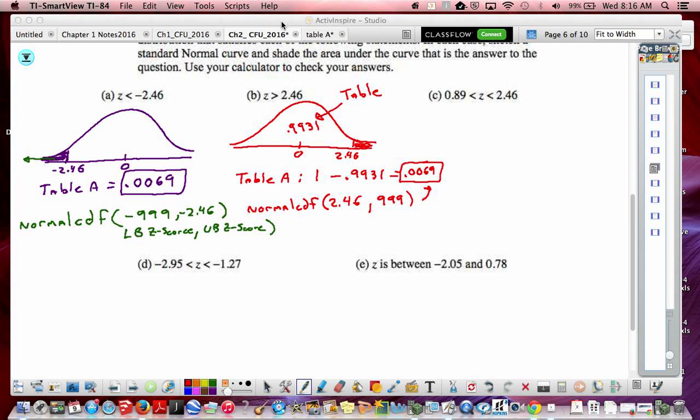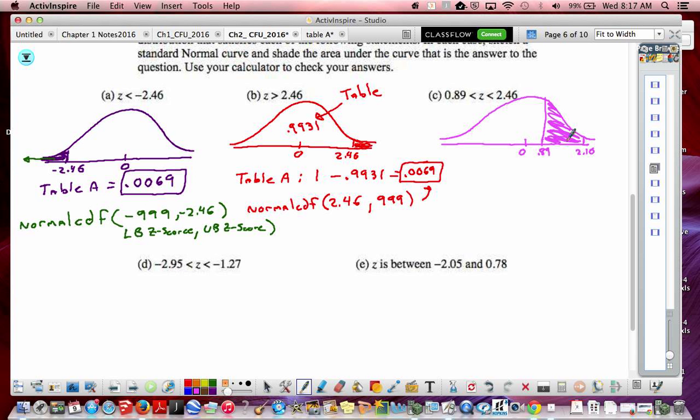All right, C. Now we're doing intervals, or we're doing in between 2 z-scores. On this one, I'm going from 0.89. So if this is 0, we estimate where 0.89 is, and we estimate where 2.46 roughly is, and we're looking for that particular area.